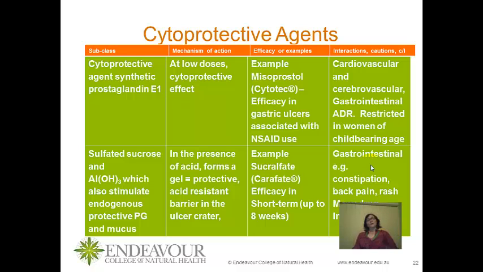Certain drugs, as you saw, require an acidic environment for their absorption and for their bioavailabilities. The sucralfate could also lead to constipation, back pain, and, as with many medications, allergic reactions such as a rash.